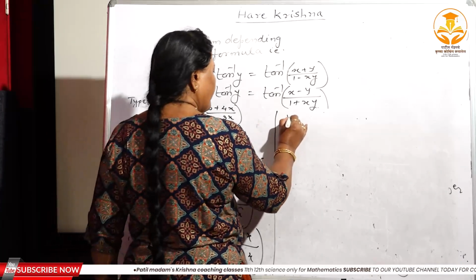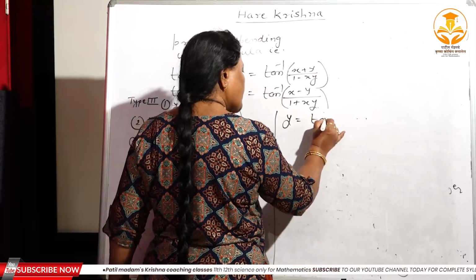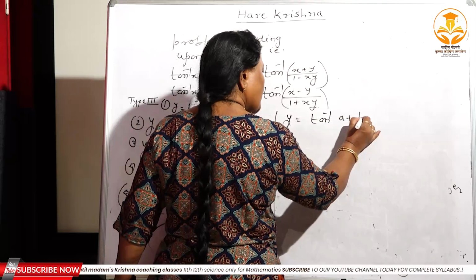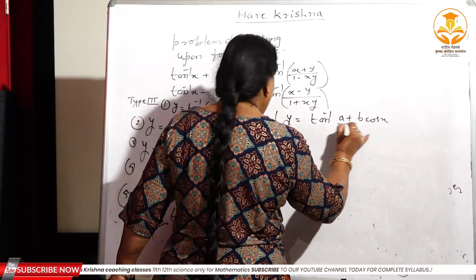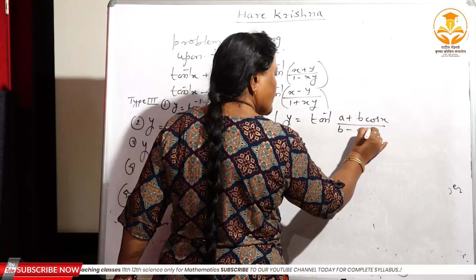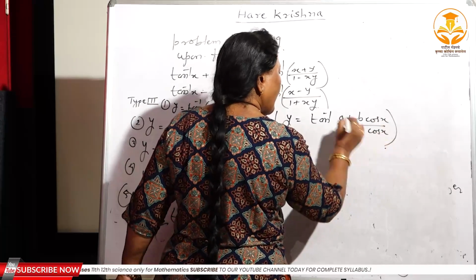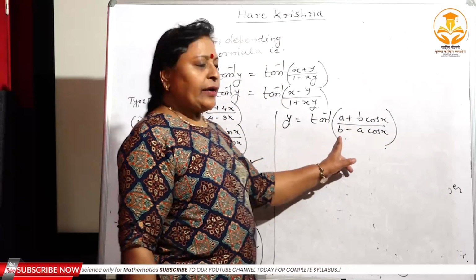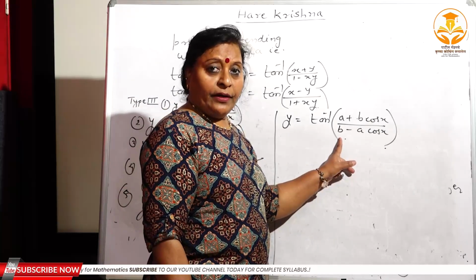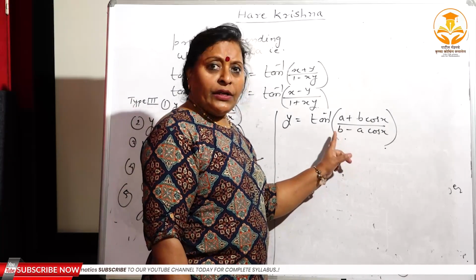So the third one, y is equal to tan inverse of a plus b cos x divided by b minus a cos x. Again, according to the formula, what do you require? 1 you require here, right? Concentrate here. Here you want 1.